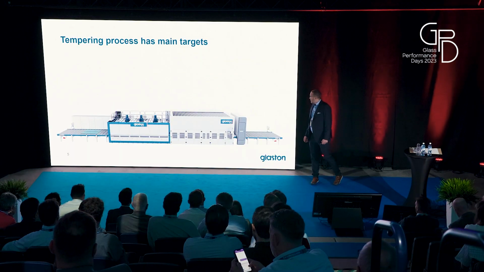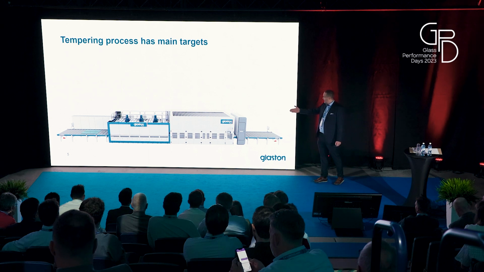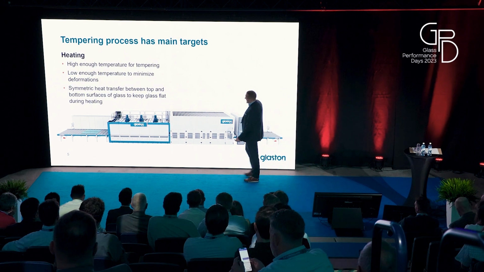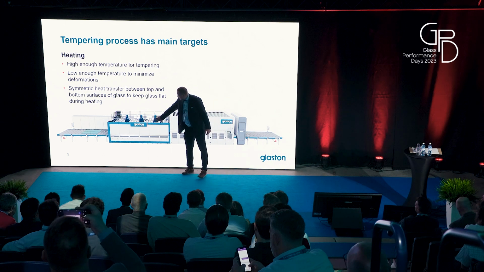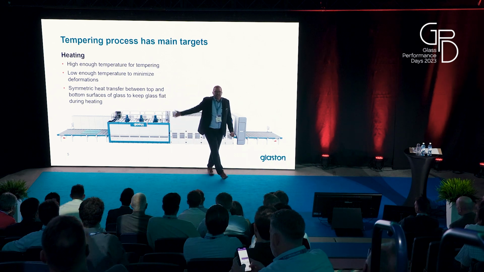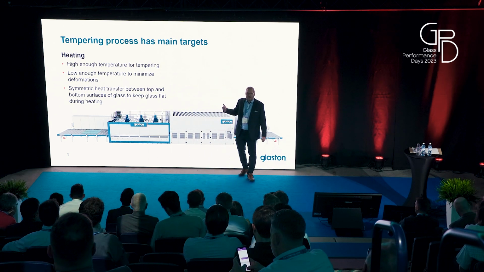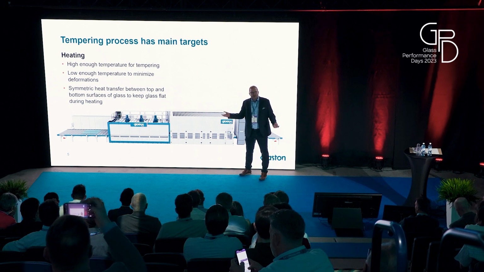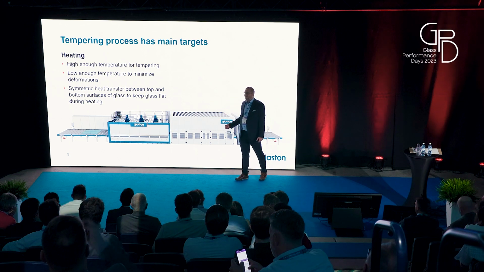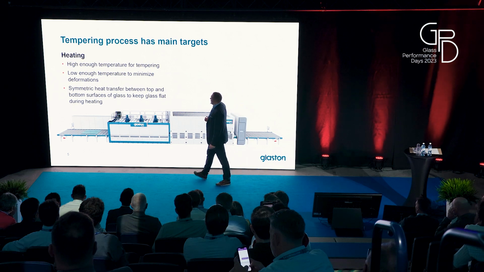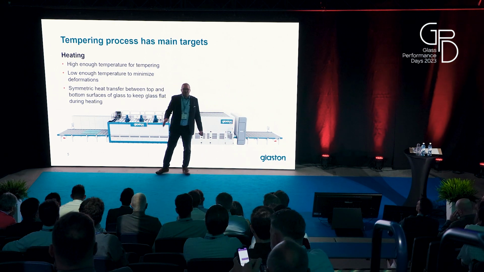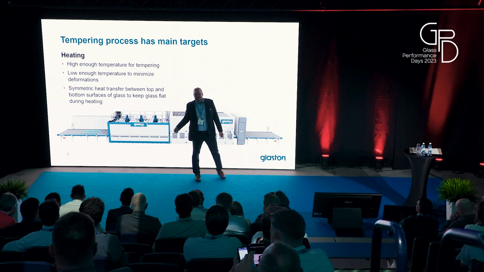If we are looking at the tempering process, here is one tempering line. If we look first at the heating part, the main thing is that you have to heat glass to around 630 to 640 degrees so that tempering is possible. But at the same time, depending on glass thickness, you shouldn't go to too high a temperature, to improve your quality.